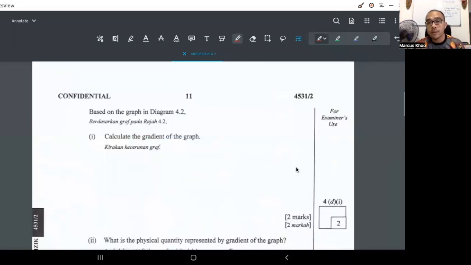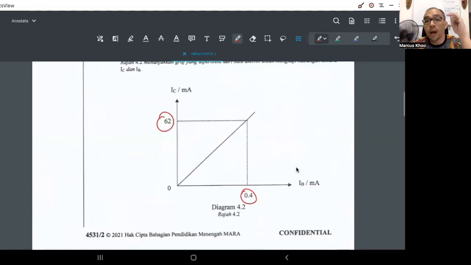Now this is a very strange question to ask in this paper too, but okay, calculate. The only thing that I want you to notice, and this is where it gets interesting, is that if you use IC and IB, you don't really have to change the milliampere to ampere, because both are using the same unit.